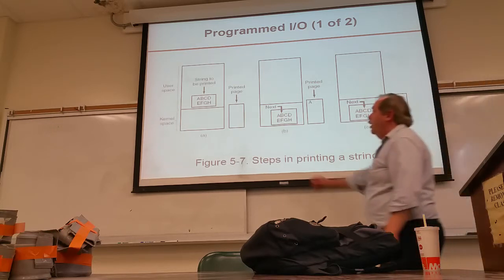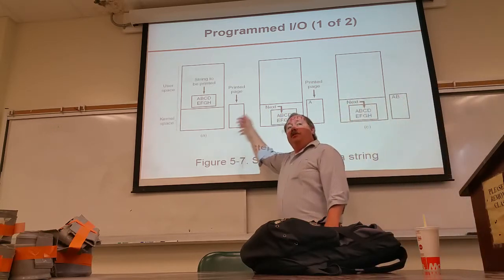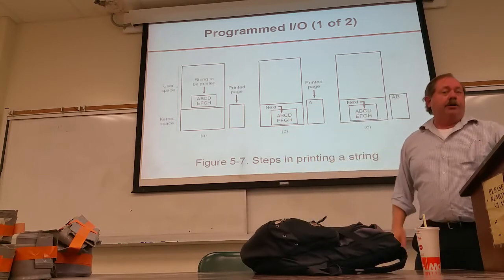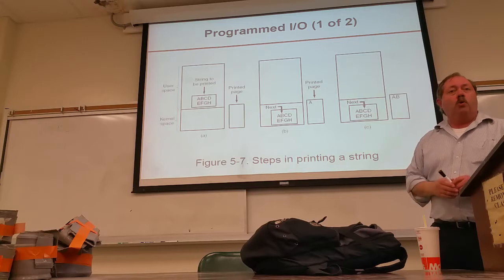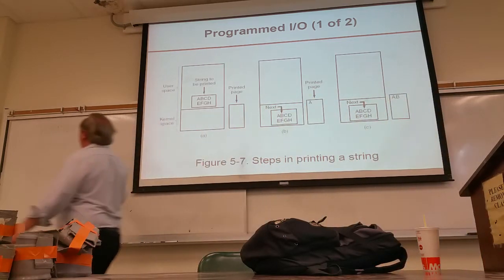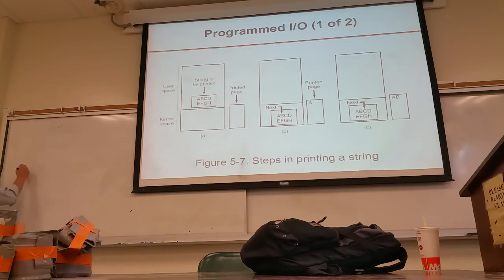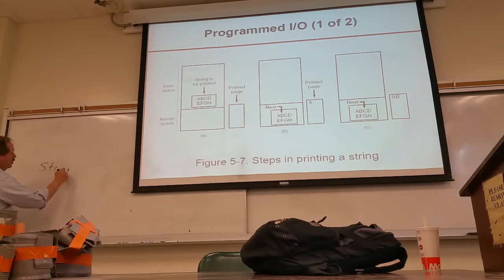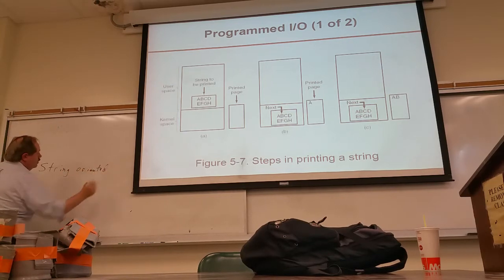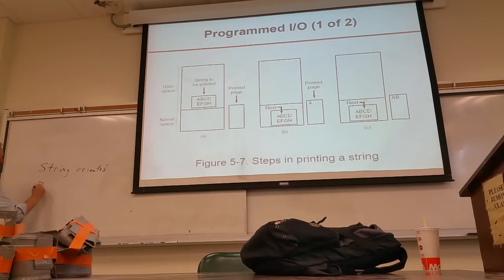Because depending upon the output device, in this example here, we're actually talking to a character-oriented or stream-oriented I/O device, right? Remember earlier I said 2 different types of devices, string-oriented and block-oriented.